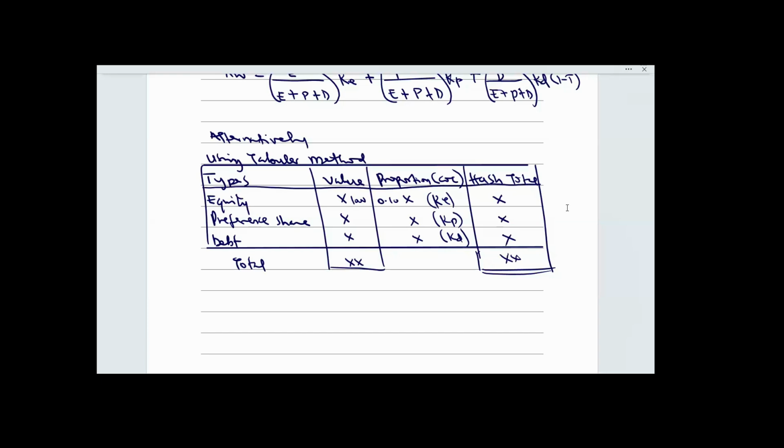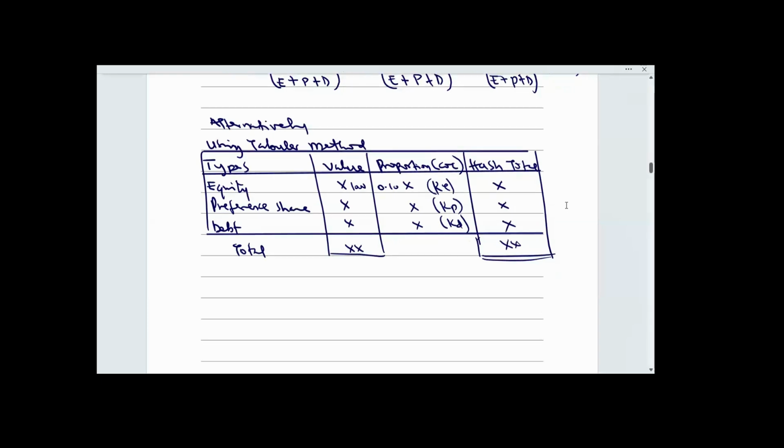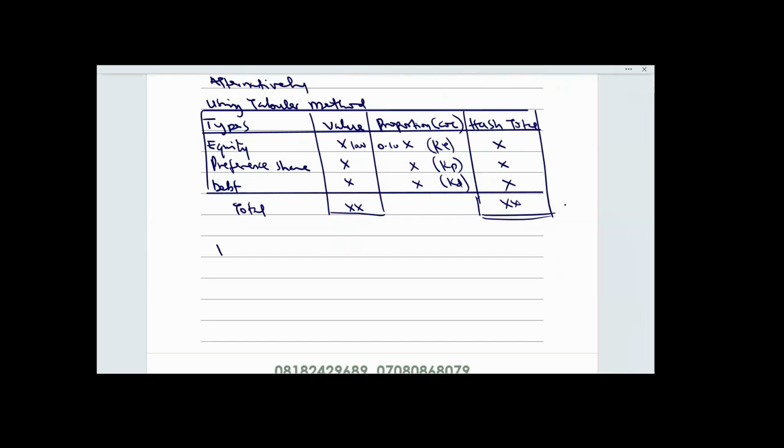So after this, just go ahead and calculate your WACC. Therefore, WACC will be calculated as ash total divided by total value, multiplied by 100 over 1.